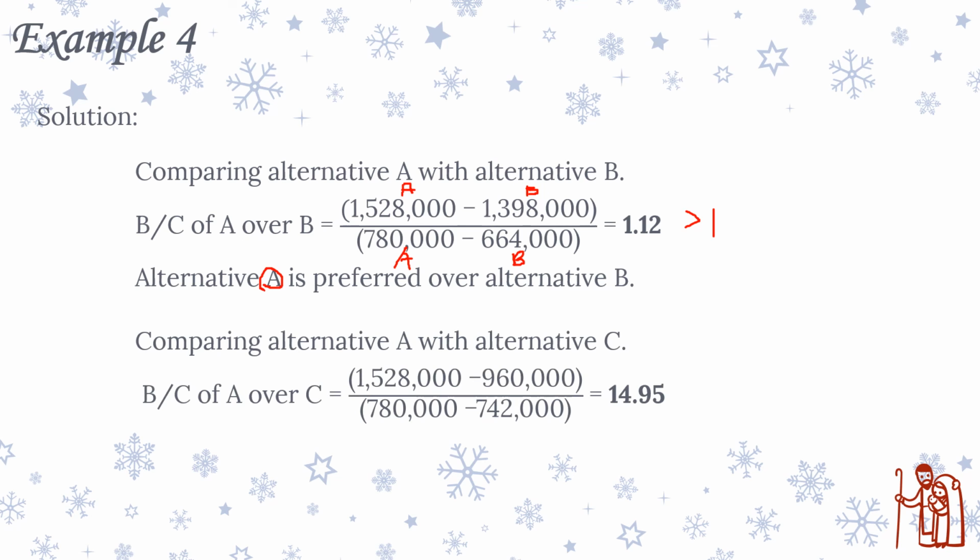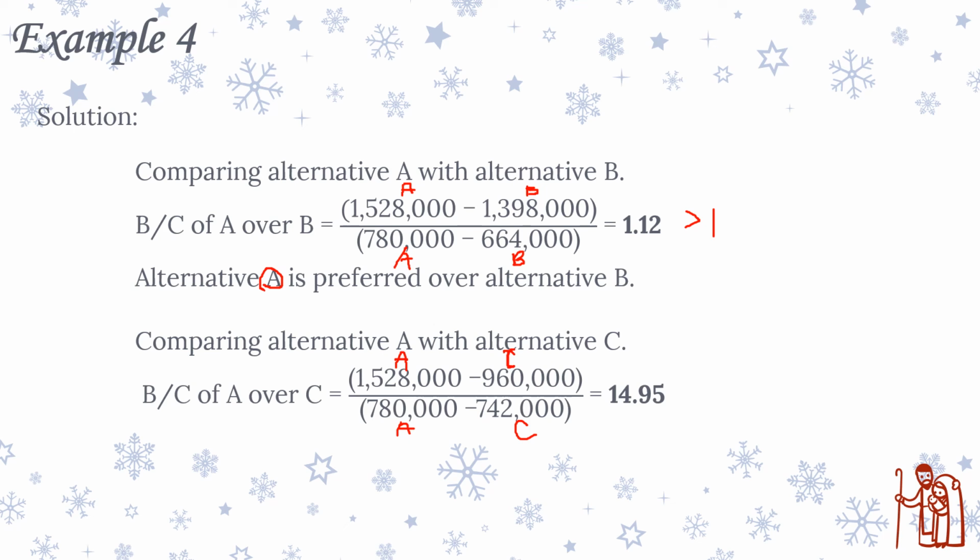Same thing. The benefit of A, benefit of C. Okay, benefit of A, cost of A, cost of C. Okay, so, as you can see, the benefit cost ratio is 14.